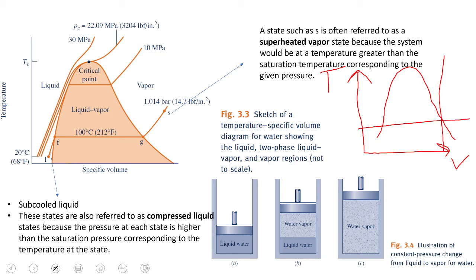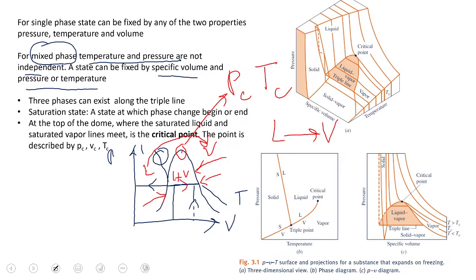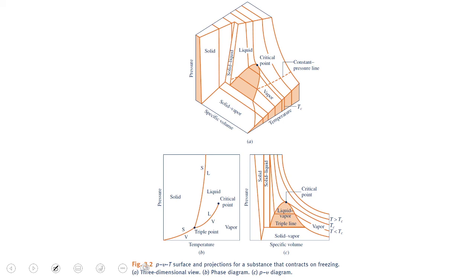Now what you need to remember is the line of constant pressure. It would look like this. This is opposite to the constant temperature line that we drew previously.